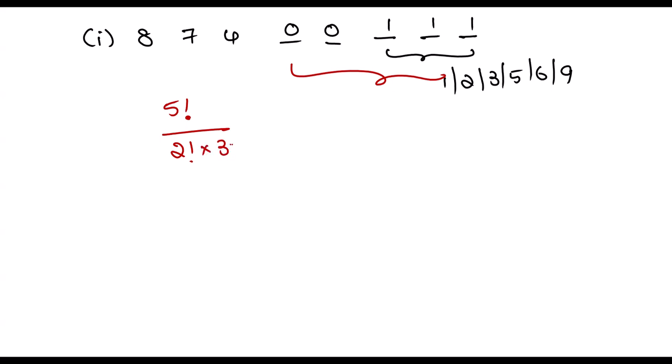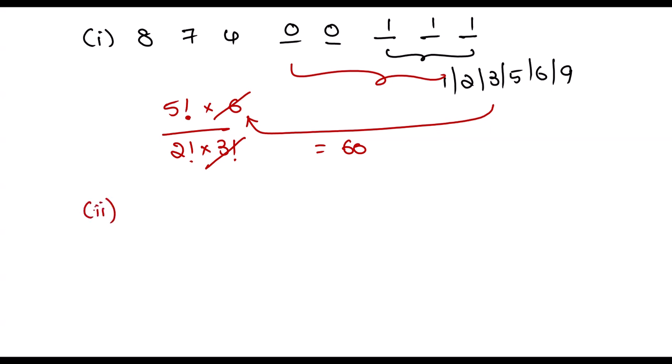Divide by 3 factorial because 3 ones are repeated. It can be 1, 2, 3, 5, 6, 9. That's why into 6. I am not putting again 2s, 3s, 4, 5; I am telling you directly. 3 factorial and 6 are both the same. 5 factorial is 120. 120 divided by 2 factorial is 60. This is the favorable case where we got 181714.